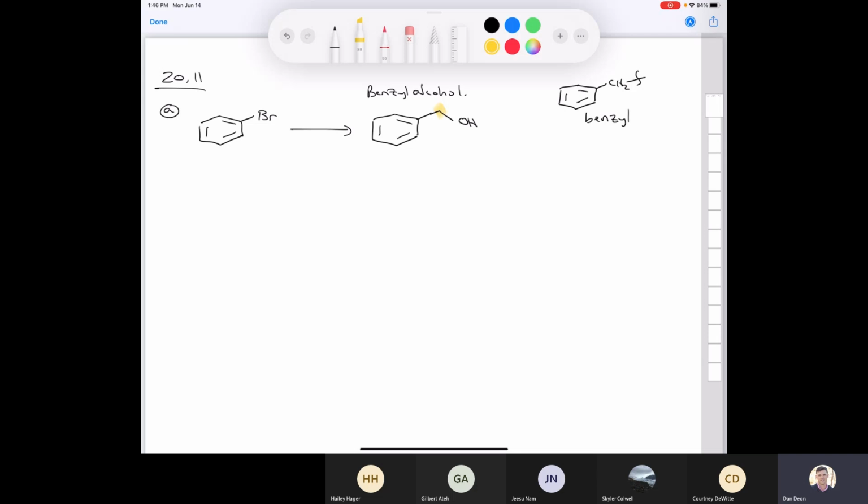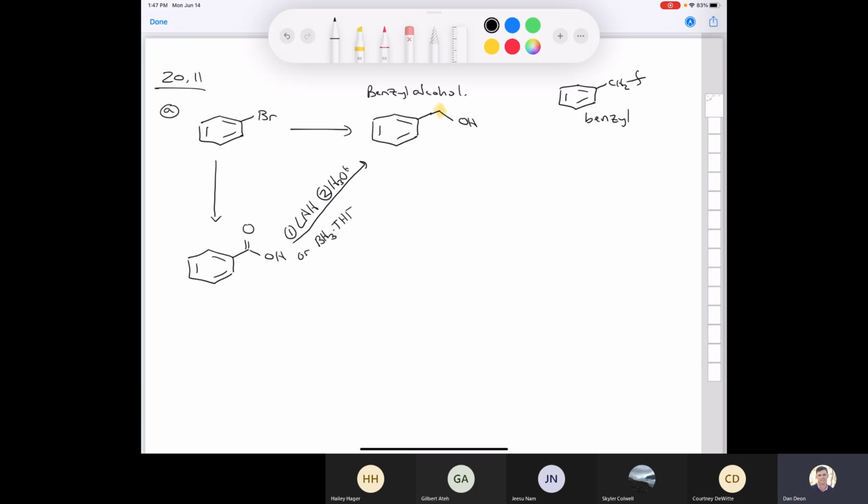And we've already seen in the past couple problems a way to go from here to benzoic acid by using Grignard chemistry. And we just saw two ways that we could reduce benzoic acid to benzyl alcohol. We could either use lithium aluminum hydride followed by aqueous acid, or we could use borane THF.